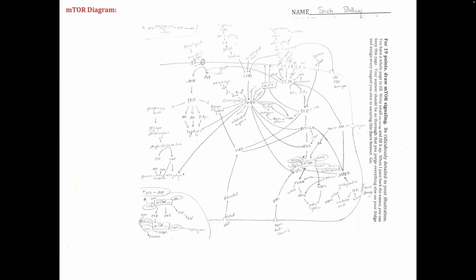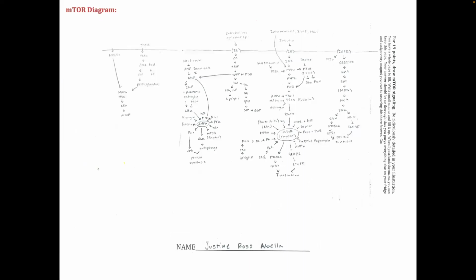And I'm showing you all of these in case some of them make more sense to how your brain would map it. If you see a diagram that's like, oh, that's how I would draw it, then just pause and explore that one. And here's the last one we'll look at. Very tidy. It's missing a couple of things. Amino acid signaling is really limited here, but he got super detailed on the MAPK signaling.